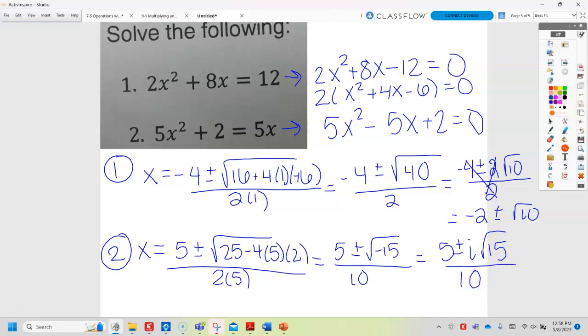You cannot simplify the 15 and the 10 because one is in a square root and one is not. So your final answer would be 5 plus or minus i square root of 15 all over 10.